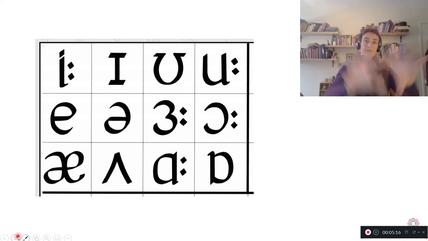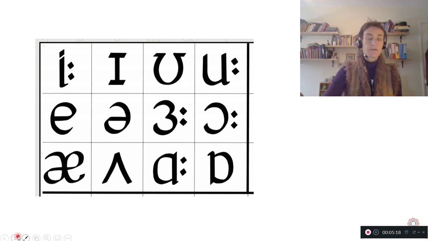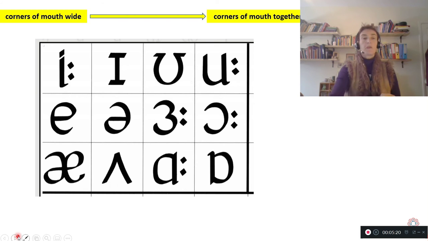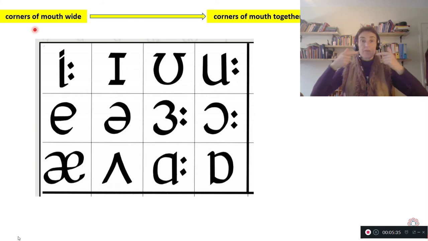Okay, so let's look at how this chart actually works then. When you're going from left to right, this way, the corners of your mouth are moving from a wide position to a together position, like this.